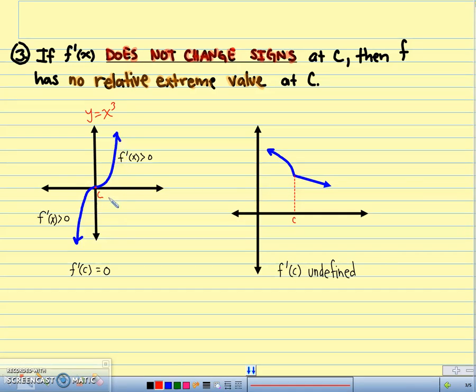Then you don't have a relative maximum or a relative minimum. Or a function that looks like this, where we are decreasing. You hit the cusp, but you continue to decrease after that. You don't have a relative maximum or a relative minimum there.